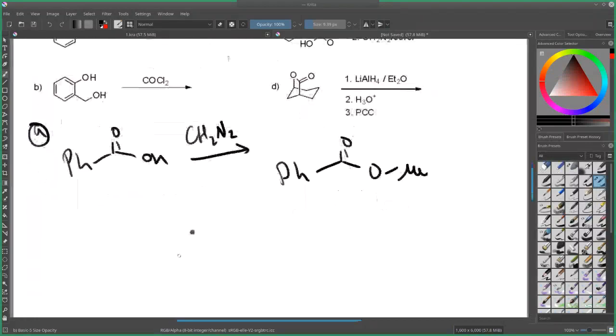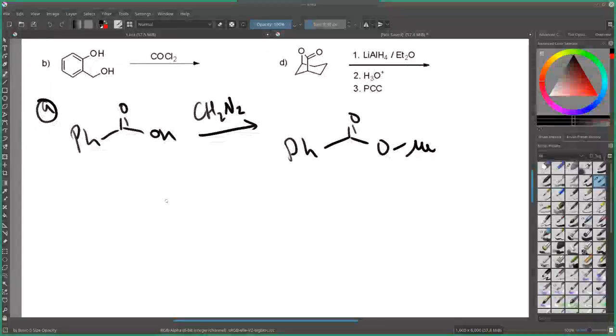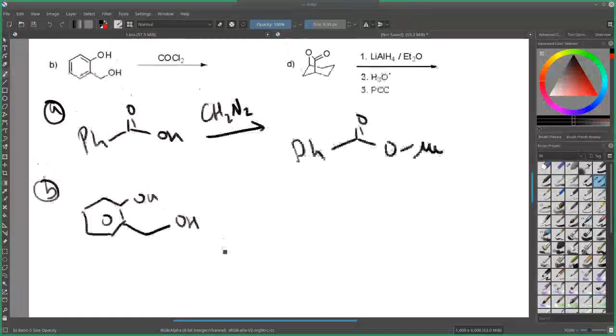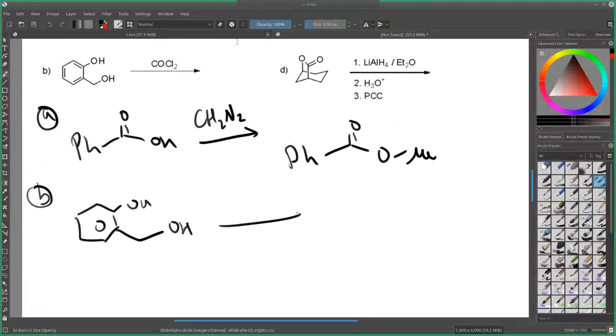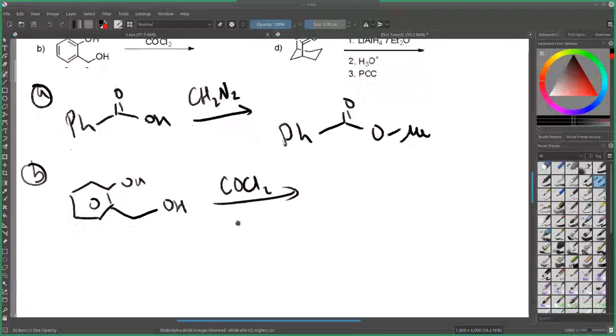Okay. So, all right, question B. We have this ring. Here's this OH, and there's another alcohol, and we're treating it with carbonyl chloride. Okay.